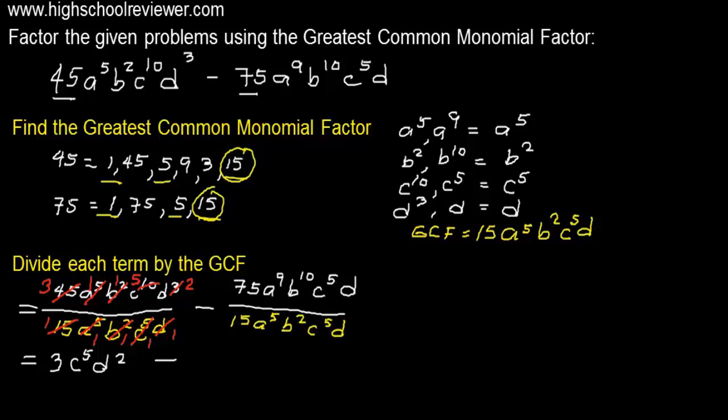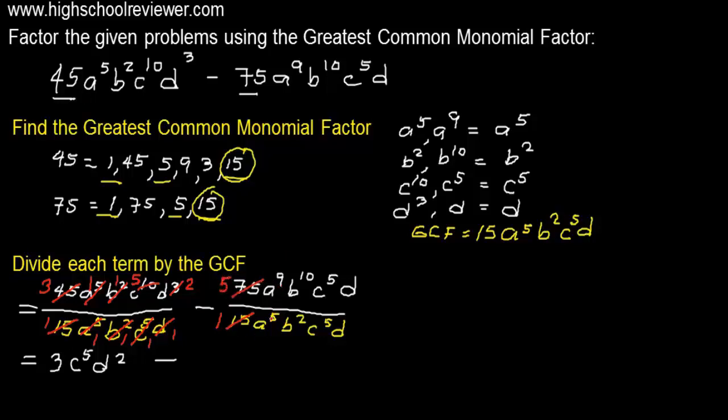And then dividing, we will now have 75 and 15. 15 is common between them, so 15 divided by 15 is 1. So 75 divided by 15 is 5.